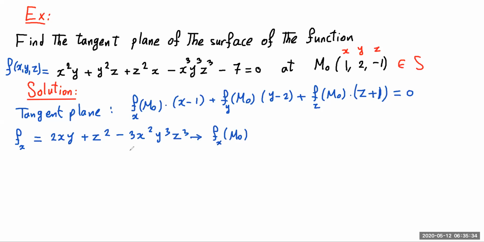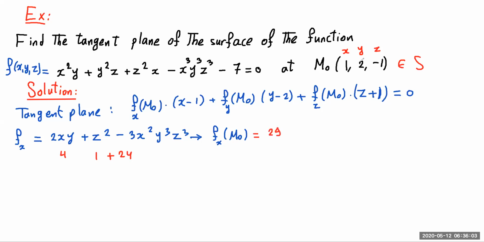So x is 1, y is 2, so it will be 4 here, z is minus 1, so 1 here. Then here x is 1, z is minus 1, so it's minus 1 here, times minus, plus, and 8 times the 3, so 24. 24 plus 5, 29. So the final answer here is 29.